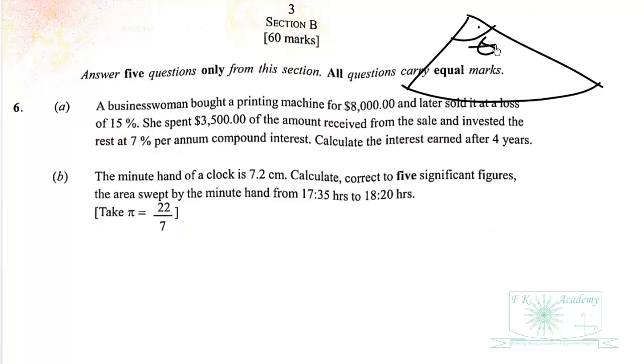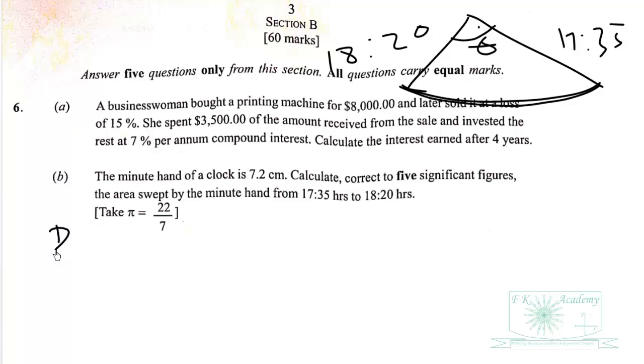When it sweeps the whole clock, the angle will be 360, but because it is moving from 17:35 to 18:20, we need to calculate that angular difference. First, let's calculate the hour difference or the minute difference.